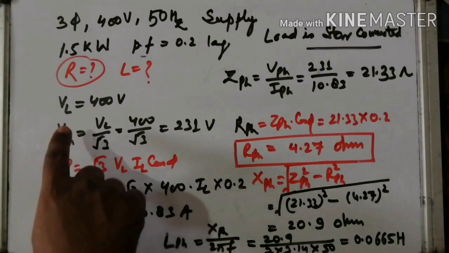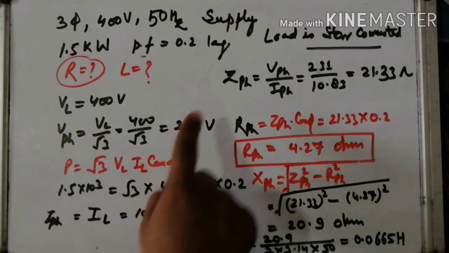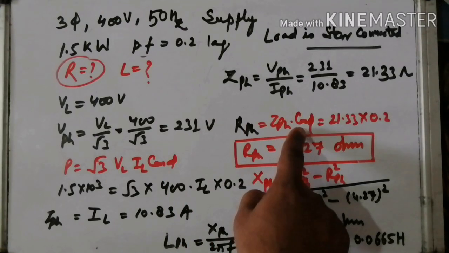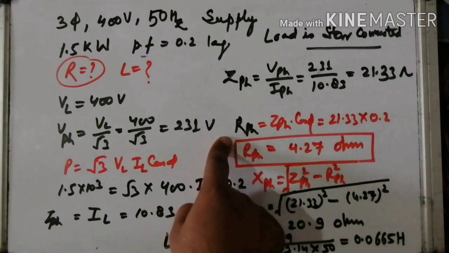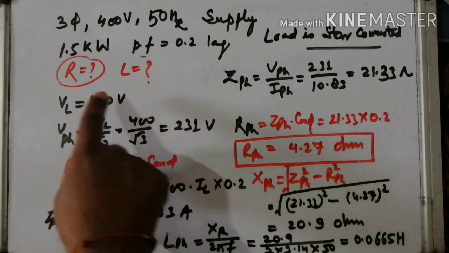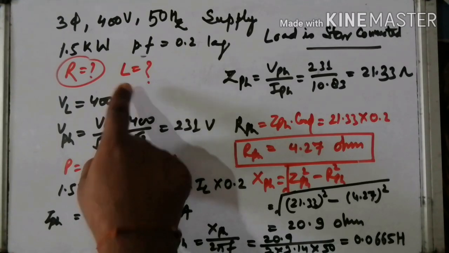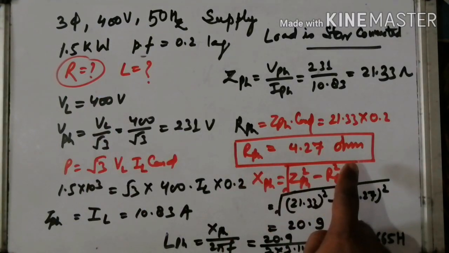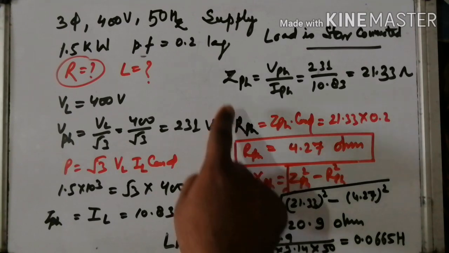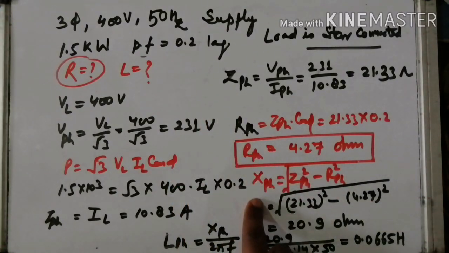After that, with VPH and IPH, we can calculate ZPH, and the cos component of the ZPH is nothing but R, and according to the question, we calculate the resistance and inductance of each coil. That's why this is the value of R. With the help of RPH and ZPH, we can calculate XPH, and with the formula L is equal to XPH divided by 2 pi F, we can calculate L, that is 0.0665 Henry.